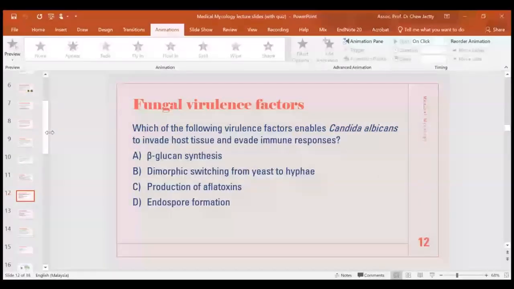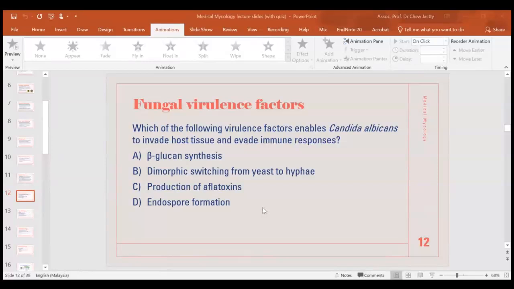This one I repeated a few times just now. A, B, C, or D? Two answers. What about the rest? B or C? What about the rest of you?